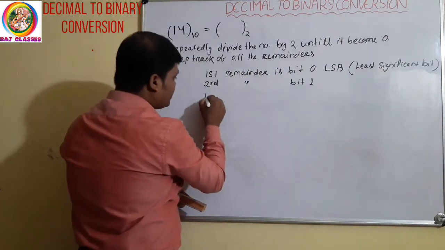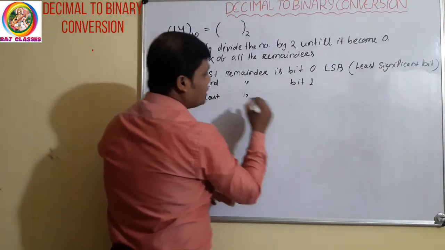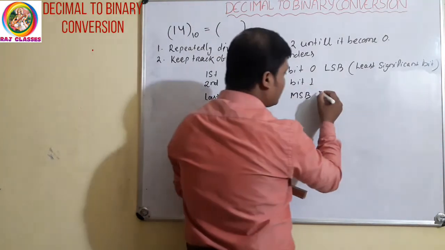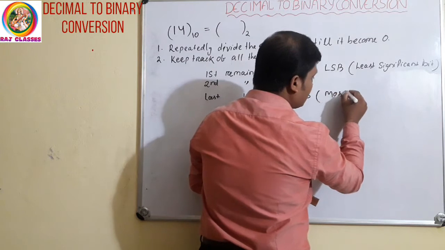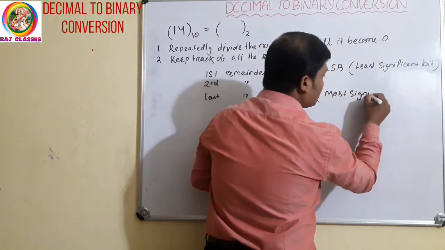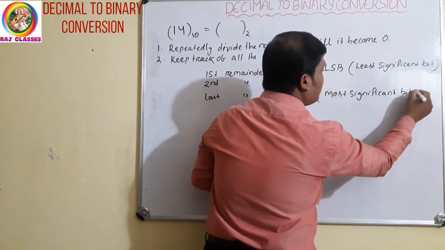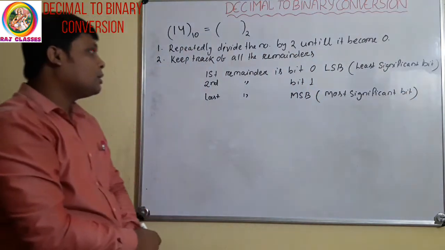The last remainder is called MSB. MSB stands for most significant bit.